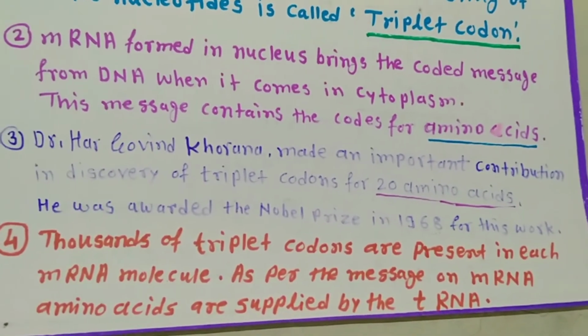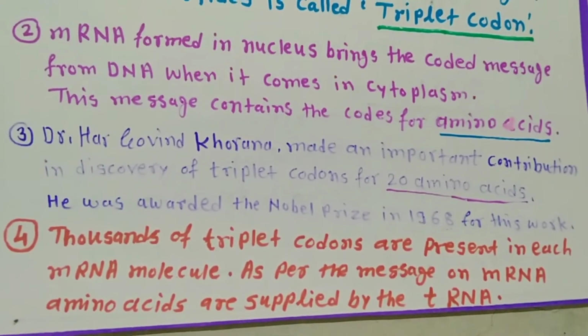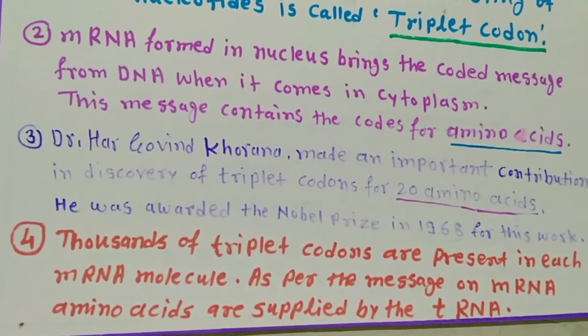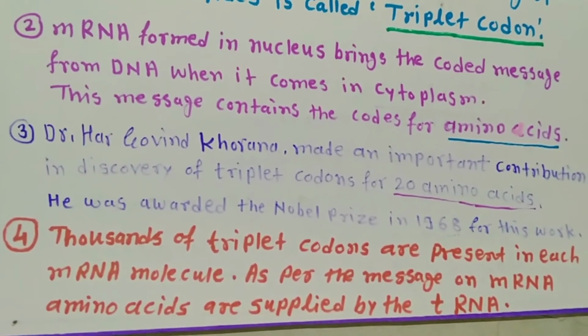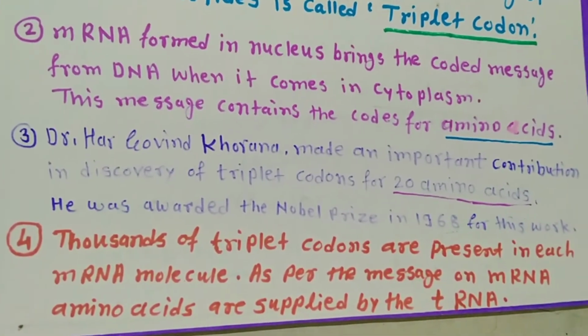As per the message on the messenger RNA, amino acids are supplied by the tRNA, meaning transfer RNA.